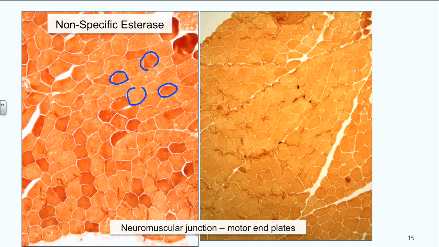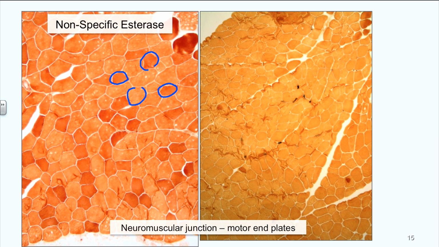You would see darker myofibers and lighter myofibers. This is not intended to show you myofiber type distribution, but somehow it kind of reflects it as well. This is normal. You can see lighter fibers and a little bit darker fibers, normal size.